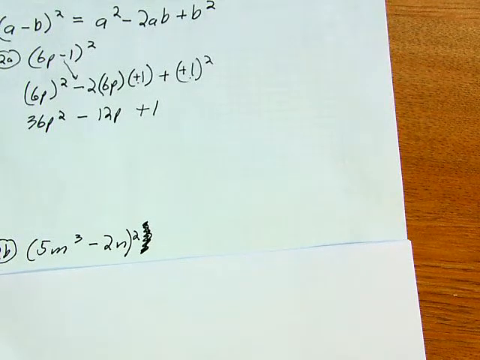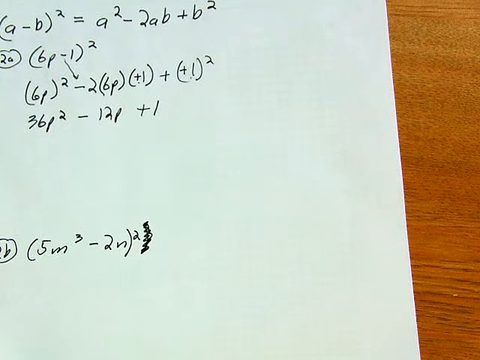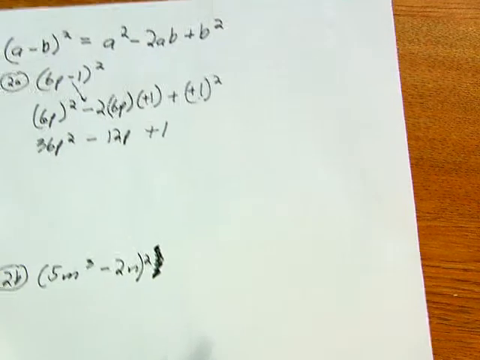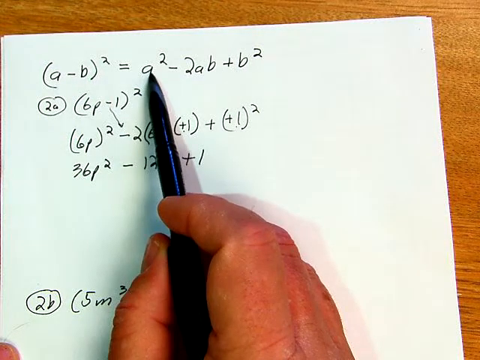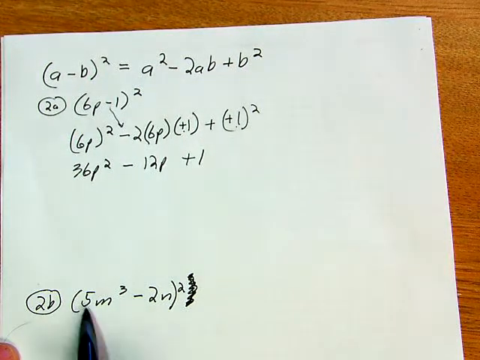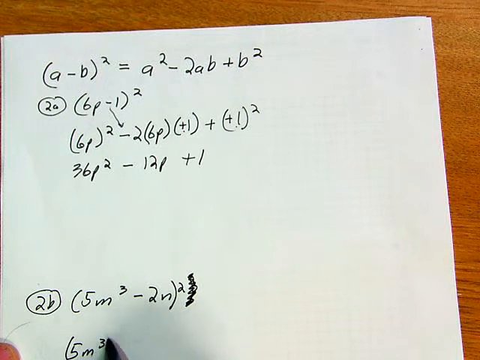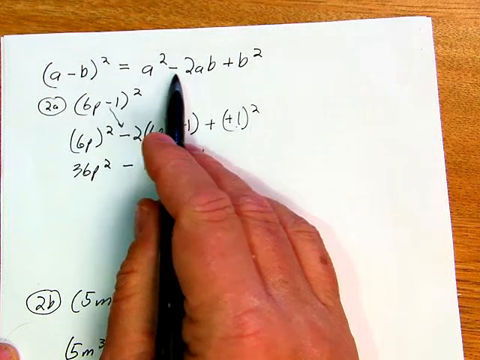All right, 5m cubed minus 2n, the whole thing squared. Well, we know from our rules that we're going to have a squared to start with. So we're going to take 5m cubed and square it. Now we know we're going to have a minus 2ab.